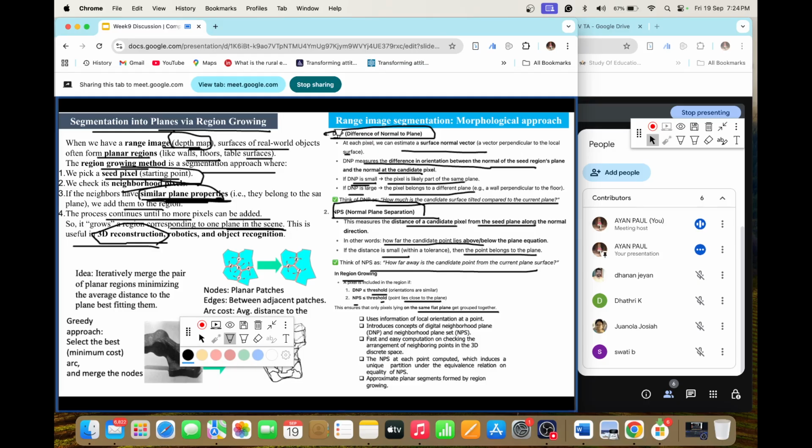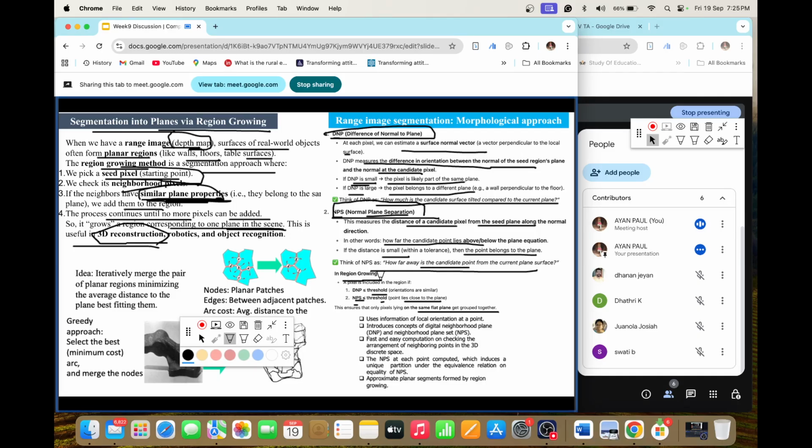We determine it by two things. One is DNP, the difference of normal to plane, which tells us how much the candidate point is tilted relative to the seed point. Second is NPS, the normal plane separation, which tells us how far away the candidate point is from the seed plane. If DNP is less than the threshold and NPS is also less than the threshold, then we say the point has similar plane property, and we use the candidate point for region growing.